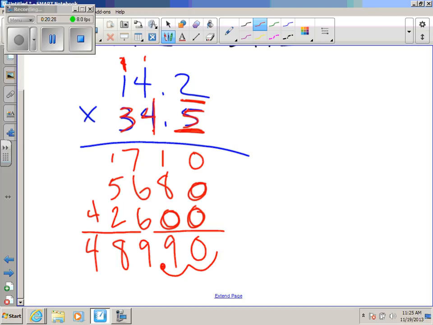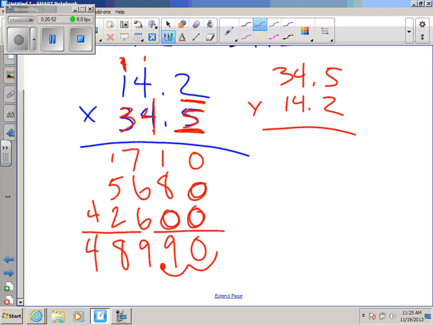Yes. Okay. So I put the 34 over the 14, but I got the same exact answer. Hey, you hear that? She put the 34.5 above the 14.2 and got the same exact answer. Is that a coincidence?